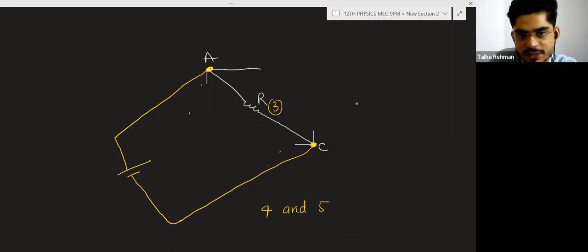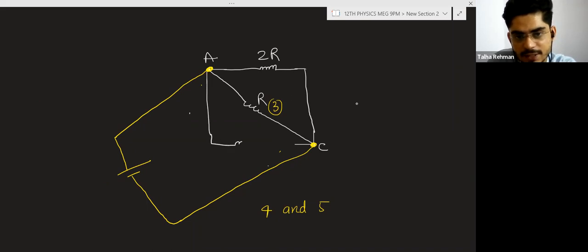So now I am just connecting a single resistance instead of 2 resistances, a single resistance of 2R. Here also I am connecting a single resistance of 2R.